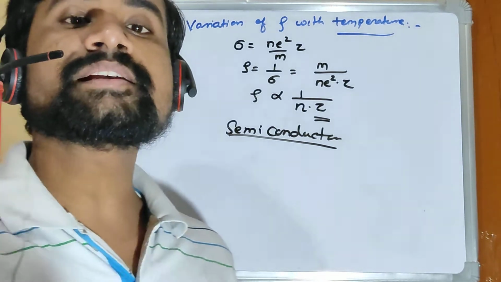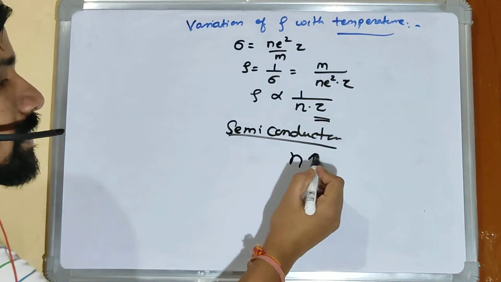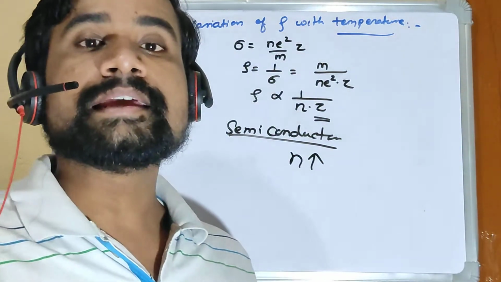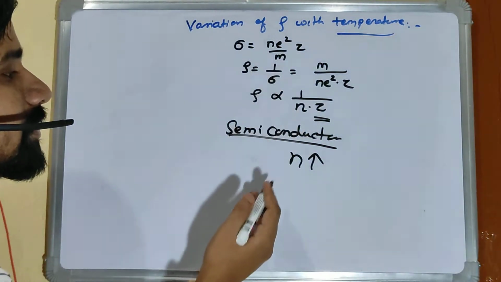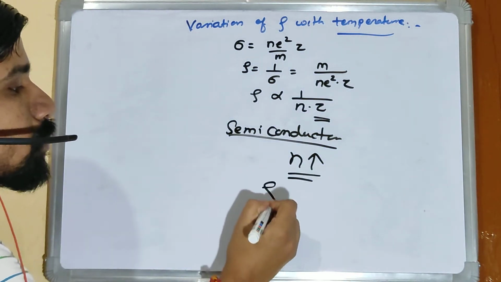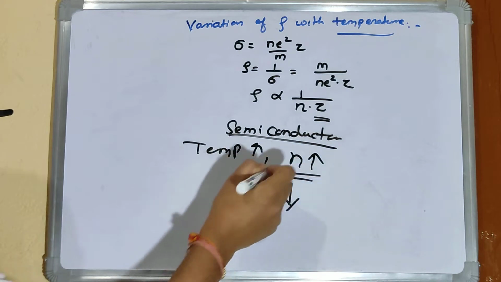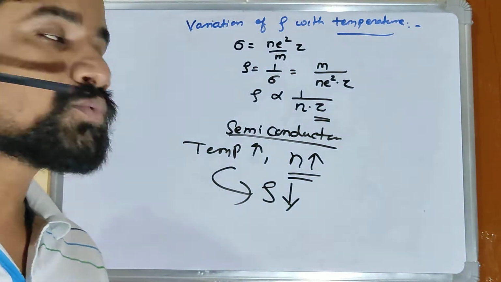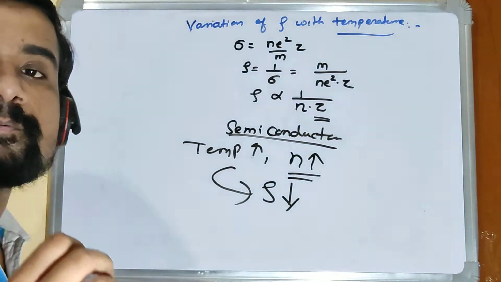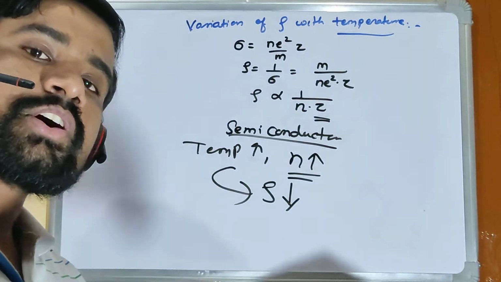So as we increase temperature, n will shoot up very highly, a lot of charge carriers will start coming up, and n will increase, and hence rho will go down. That's why semiconductors have a special nature: if temperature increases, their resistivity goes down.